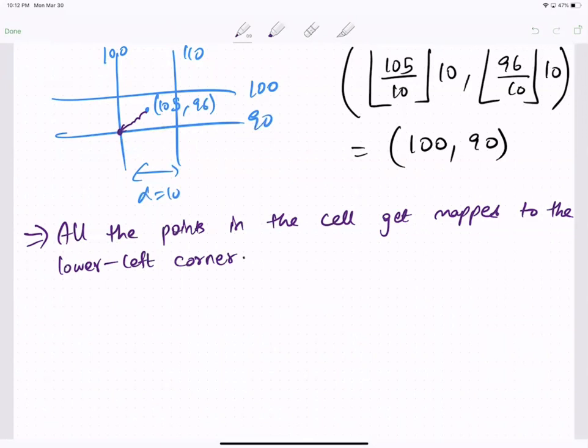That's why the unique ID. So all the points get a unique ID and they all map to the same ID. That's the more crucial point I'm making here. So this (100, 90) will be the ID associated with this cell.